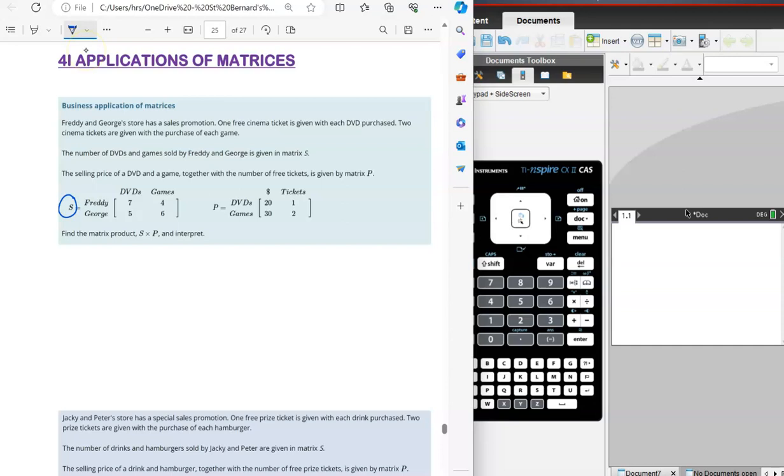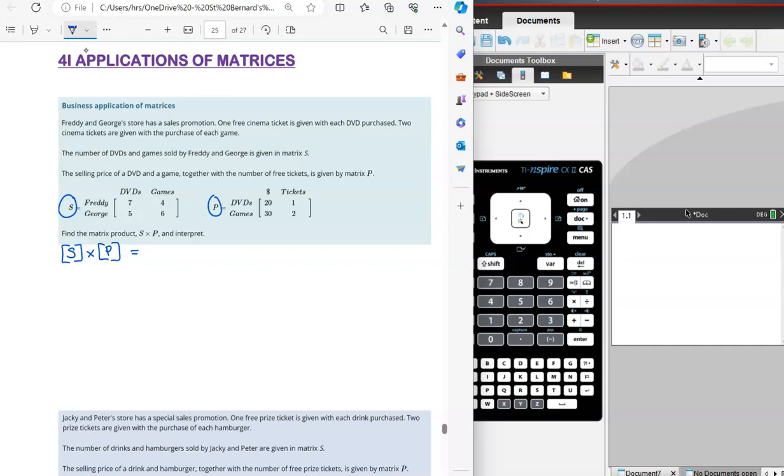And the selling price of a DVD and a game, together with the number of tickets, is given in matrix P. At the moment it says find the product SP. So you're going to get matrix S and multiply it by matrix P and interpret it.